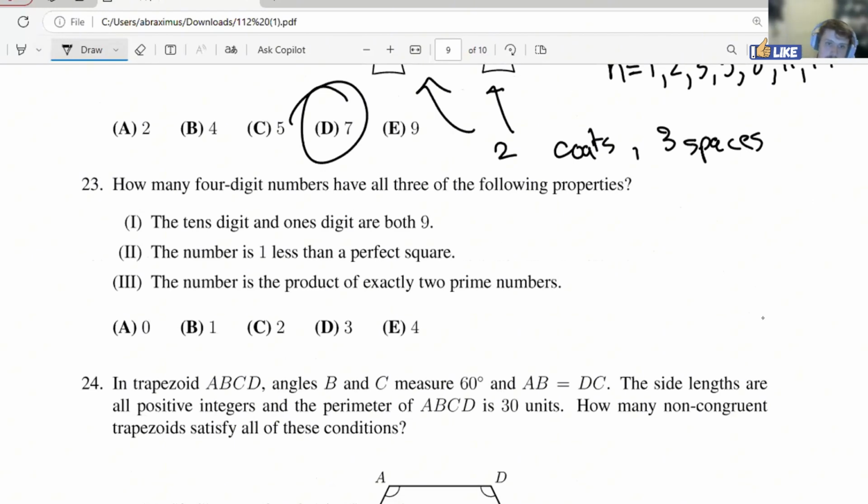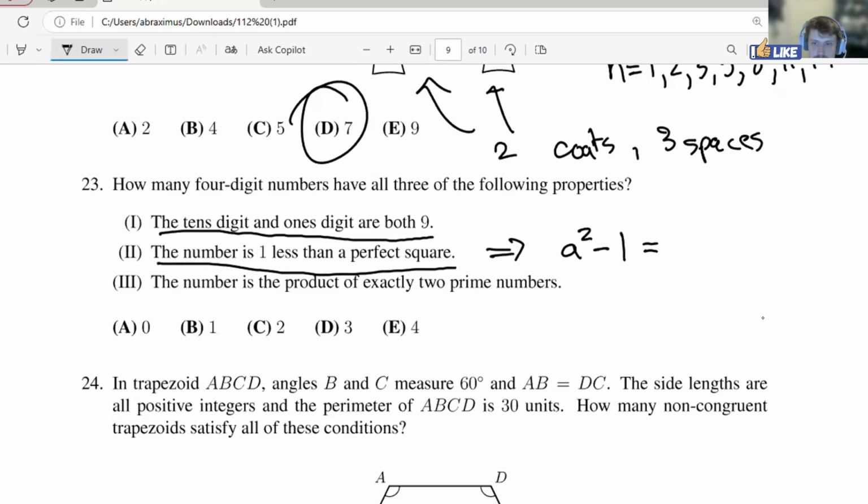So if the number is 1 less than a perfect square, we can write it as a squared minus 1, some number a, whatever it is, minus 1. Since the tens digit and the ones digit are both 9, this is equal to something blank blank 99.